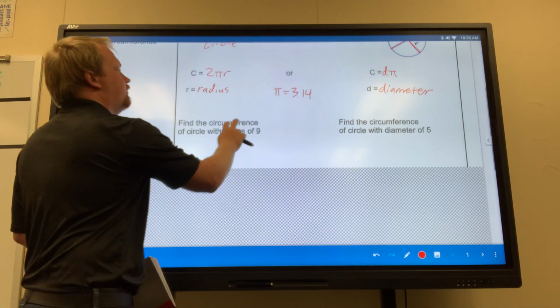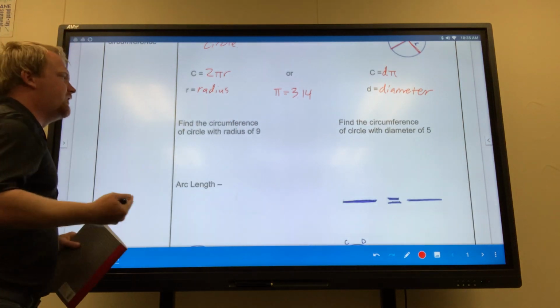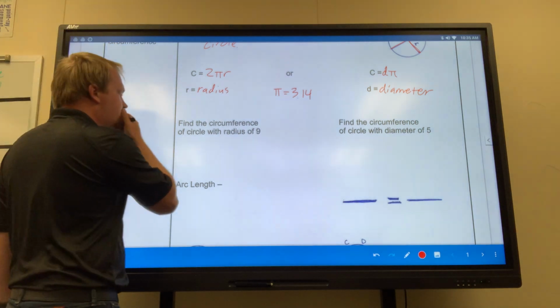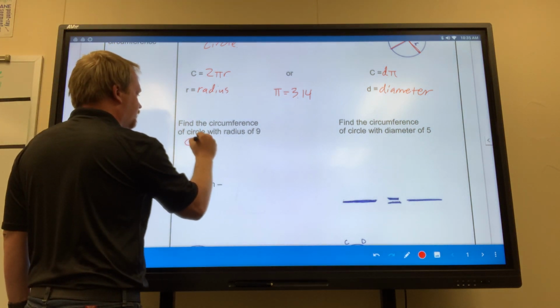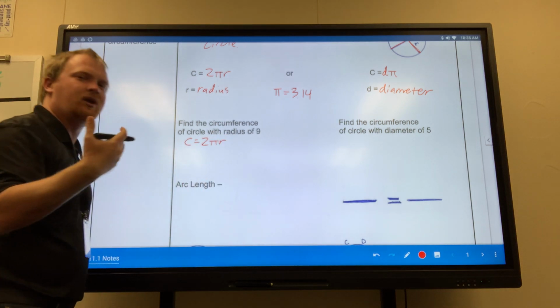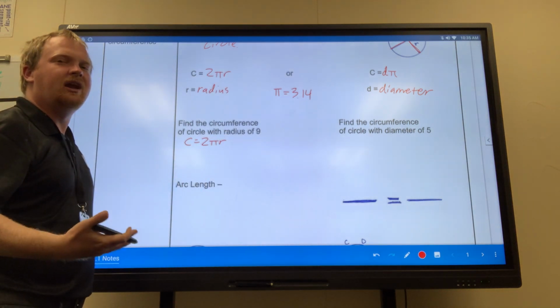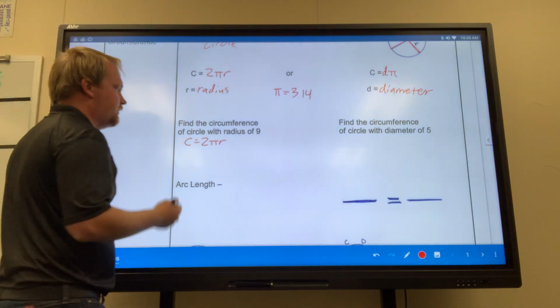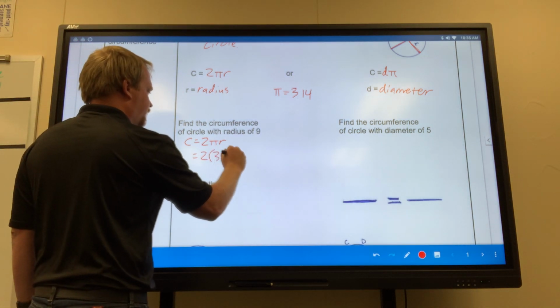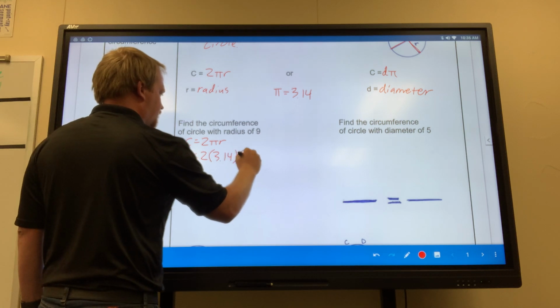Now, to continue on, let's find the circumference of a circle with a radius of 9. So for example, circumference is 2 pi r, because we have the radius of the circle. So we can do 2 times 3.14 times 9.